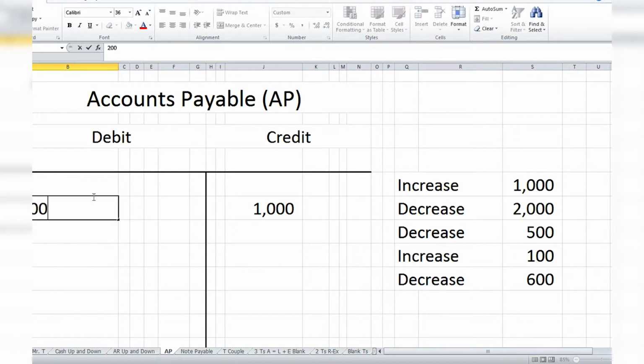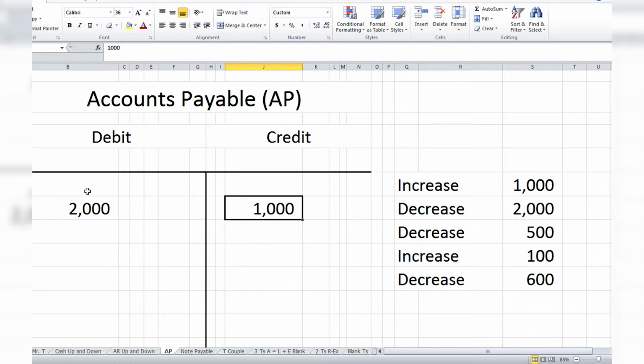Now, this would actually bring accounts payable negative. So we're going to assume that this company already owed $10,000 to start with. That can be referred to as the beginning balance. As you move through your accounting class, you'll see accounts will have a beginning balance from the prior year.